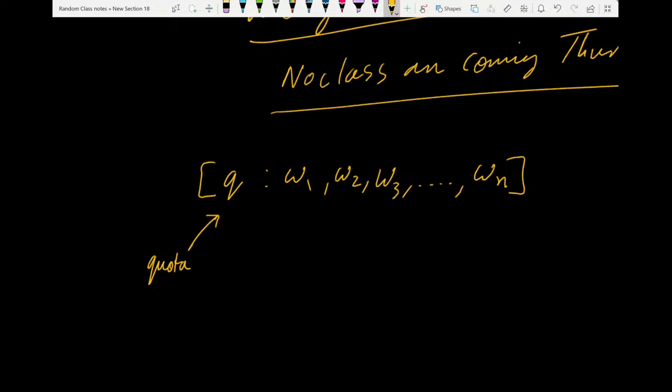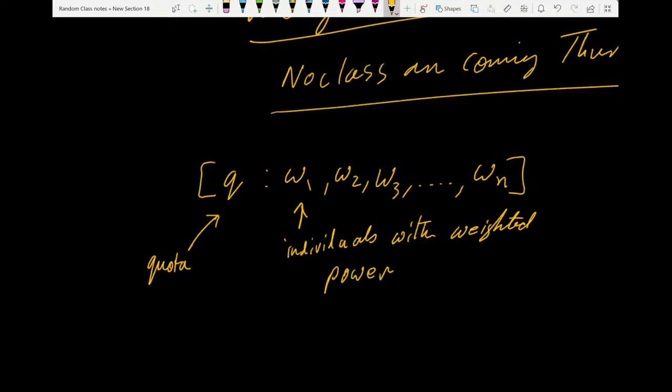And these W's mean individuals with weighted power. If you have a parliament system, each party is considered by how many ministers of parliament you have, and that's what it represents. To be a prime minister, you need a majority, which Q represents.